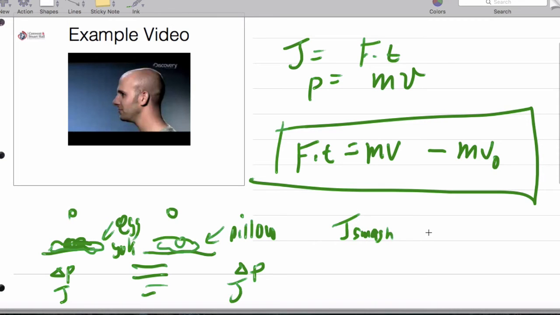If we look at J for the smashed egg, yes, that equals J for the pillow landing egg, but there's a difference. The smashed egg has a huge force that stops it over a very small period of time, whereas the pillow egg has a very little force that cushions it gently to rest over a very long time.